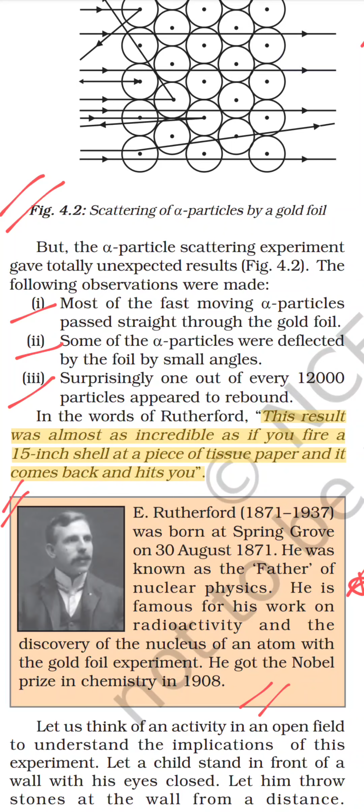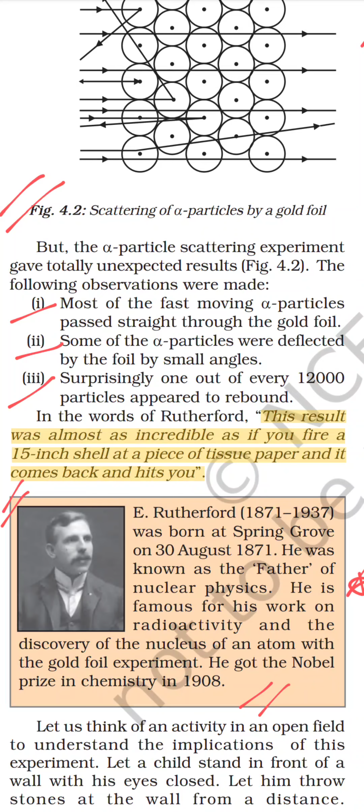But the alpha particle scattering experiment gave totally unexpected results. In Figure 4.2, the following observations were made. First, most of the fast moving alpha particles passed straight through the gold foil. Next, some of the alpha particles were deflected by the foil by small angles.